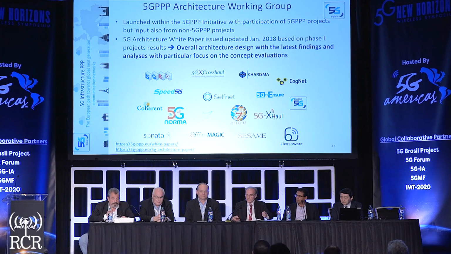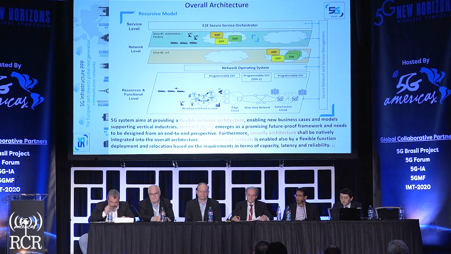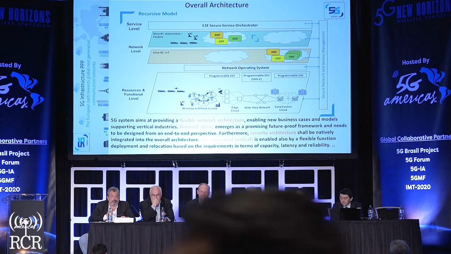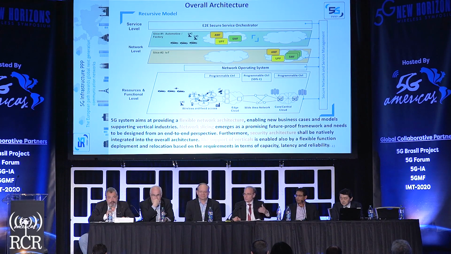And you can see here the various projects that contributed to this architecture white paper. Some principles, of course, it's a relatively complex 140 pages document that my colleagues have realized, and that is on our website, but I will just highlight some features.